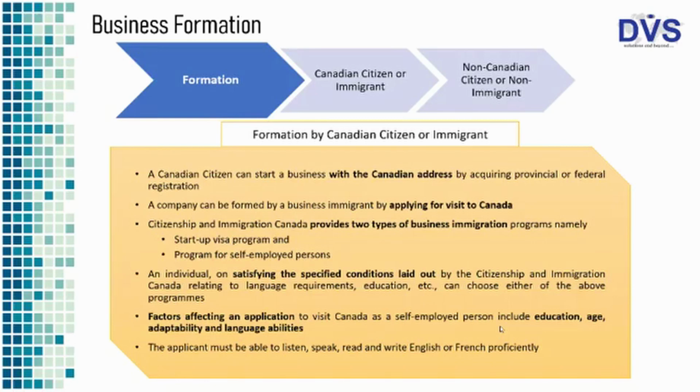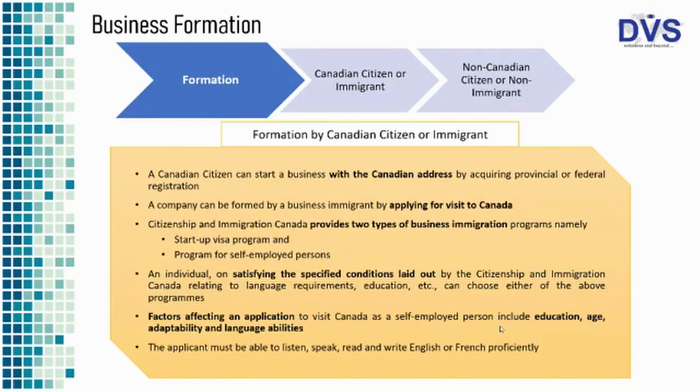For a Canadian citizen, it's quite straightforward to set up a business, where he can start a business with his Canadian address by acquiring provincial or federal registration. A company can also be formed by a business immigrant by applying through the visit to Canada procedure, whereby the Citizenship and Immigration Canada department provides 2 types of business immigration programs, namely the Startup Visa program and the program for self-employed persons.